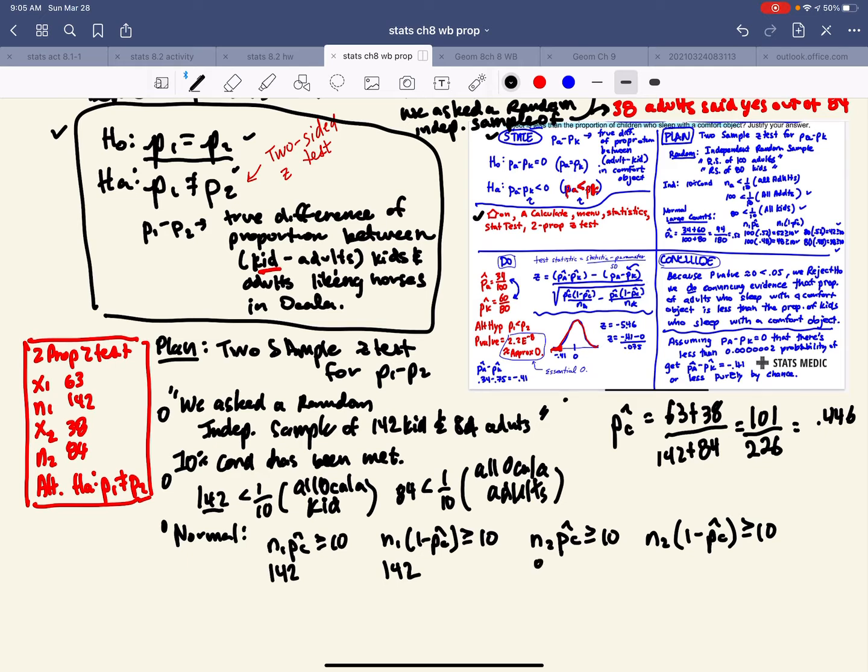And in the second, we talked to 84. P combined, this would be 1 minus 0.446. And all these look like they're going to be really big numbers, so I think we'll be safe here.